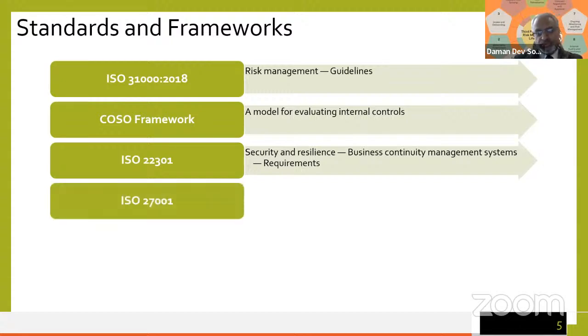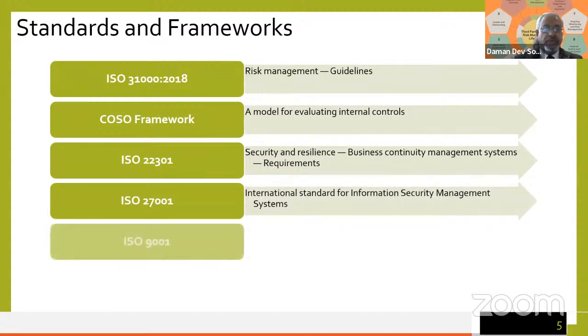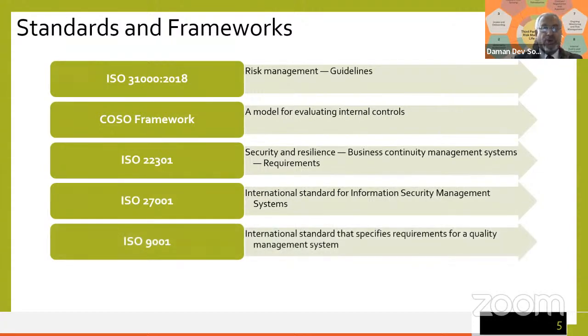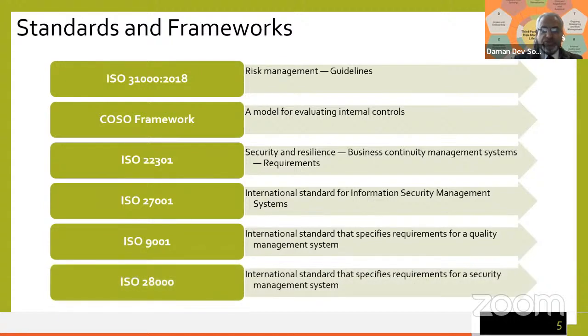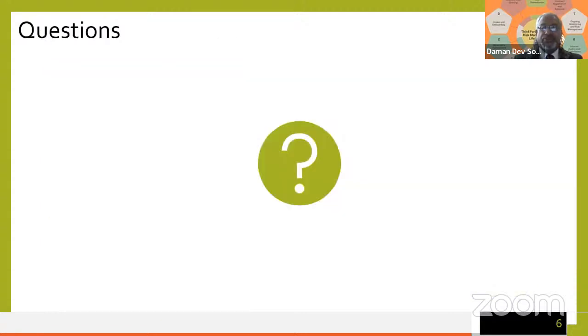ISO 27000 is for information security management. ISO 9000 is for quality management. And ISO 28000 is about security management systems. Once again, not necessarily a comprehensive list, but quickly I could find at least six standards also talking about third-party risks.